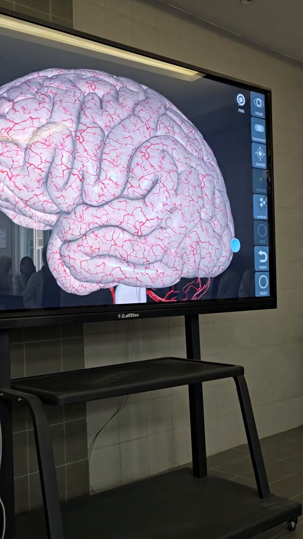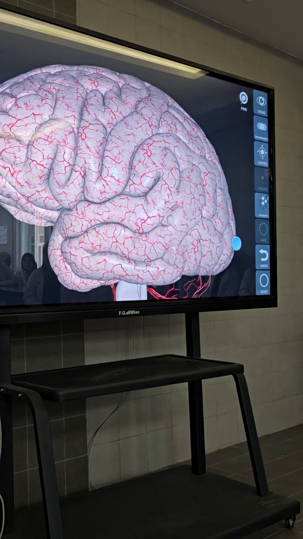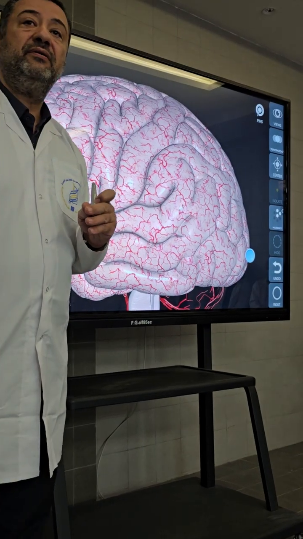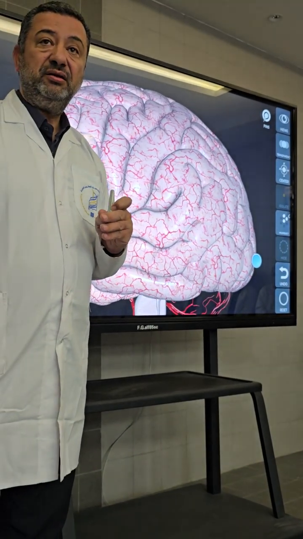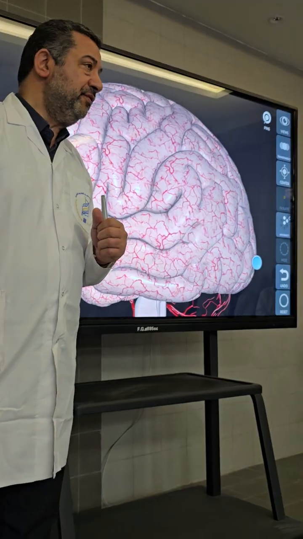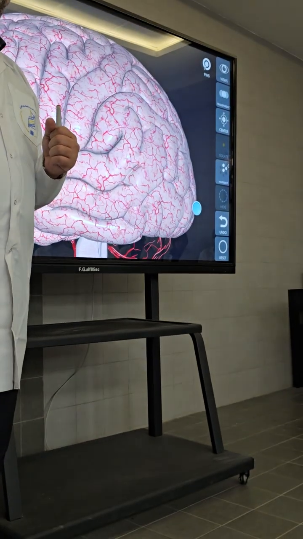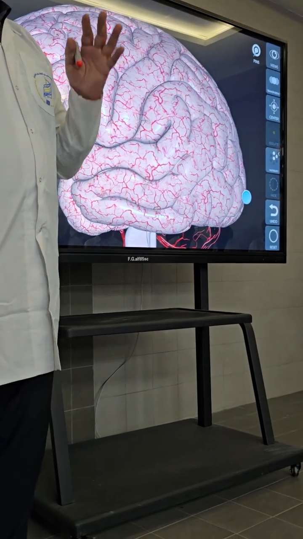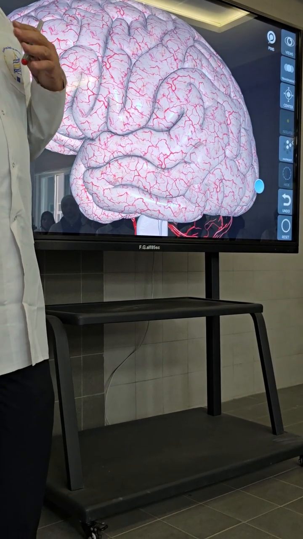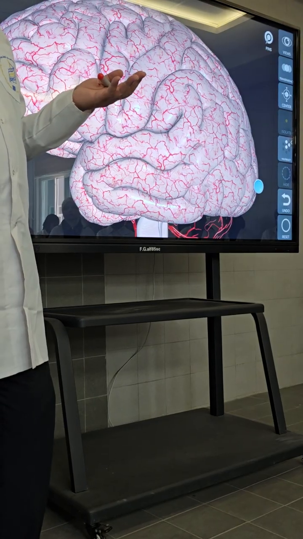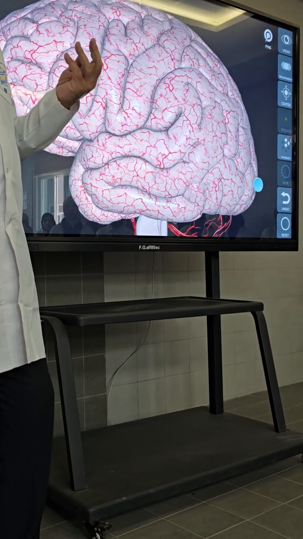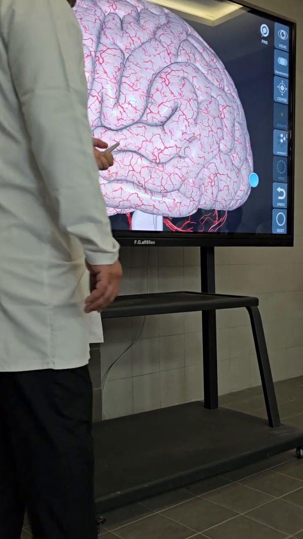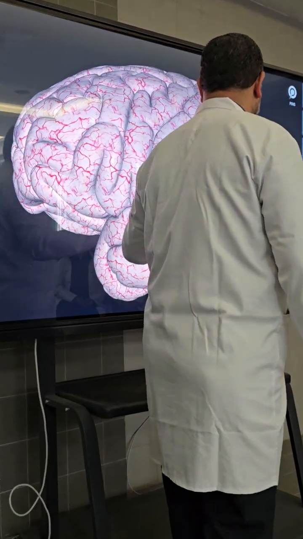If you remember, the inferior parietal lobe is involved in the default mode network, in self-regulation, in mentalization and theory of mind.